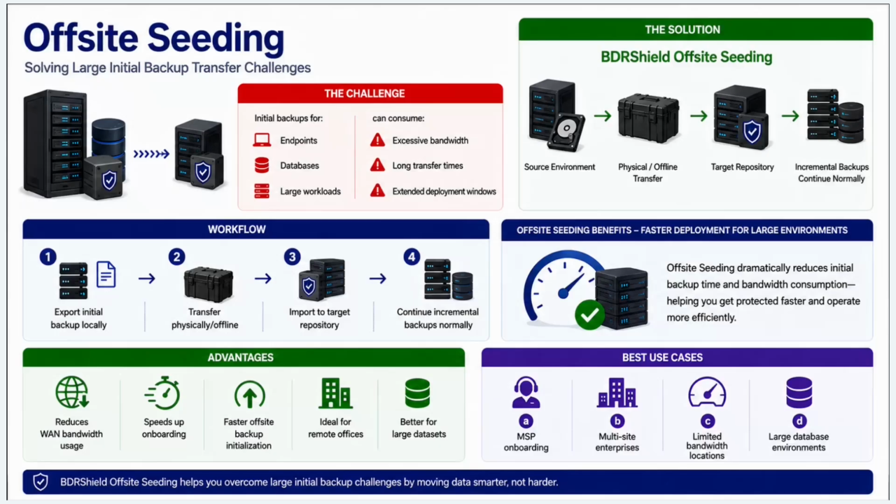So on that note, offsite seeding is only for the on-prem. All your initial backups like endpoints, databases, and large workloads will consume excessive bandwidth when replicating data from the production backup server site to the offsite site. For example, let's consider the full backup is around 4 TB.